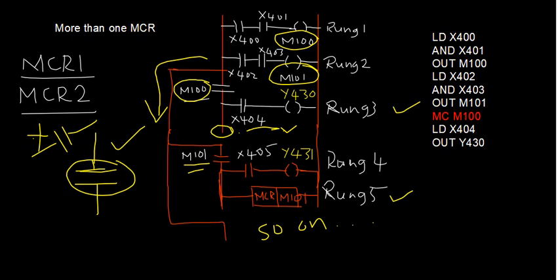Since they are not present in your ladder diagram, let us try to write the instructions only as per what is seen in the ladder diagram, though it may not be practically correct, right? So once I write the instruction OUT Y430, somewhere here I am now.